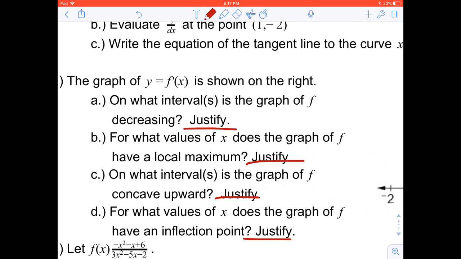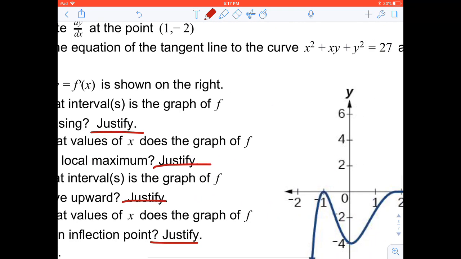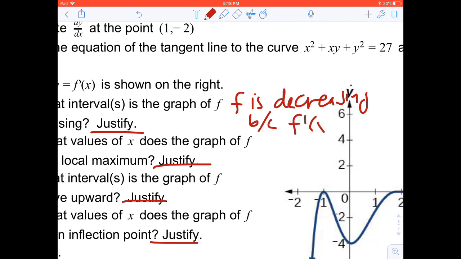Interval of f decreasing, you're going to say f is decreasing because f prime of x is negative. So you need to make sure and make that distinction between which functions you're talking about. So f prime of x is telling you what f is doing.